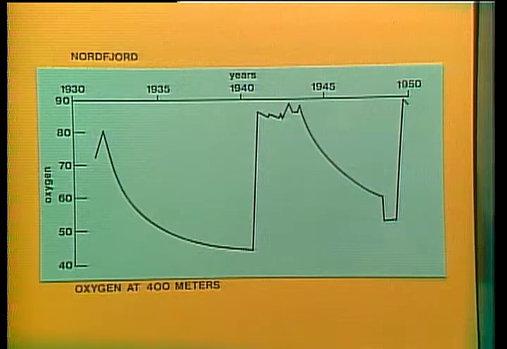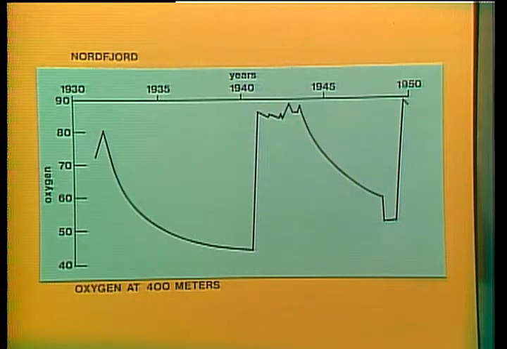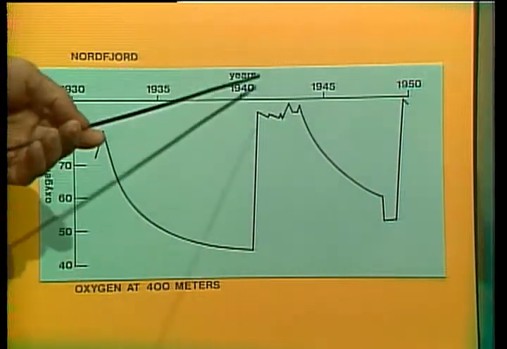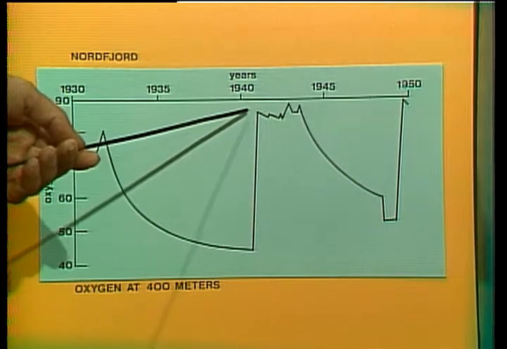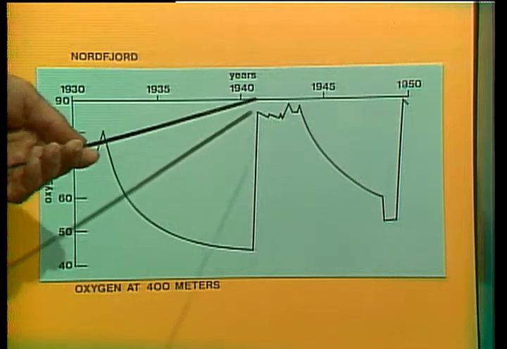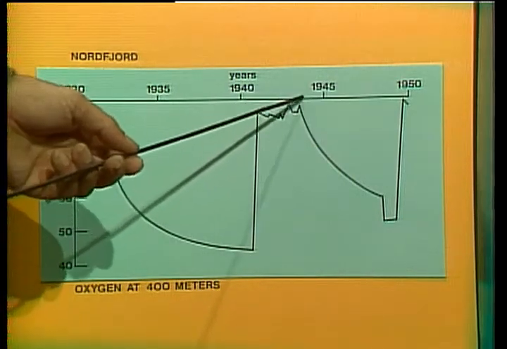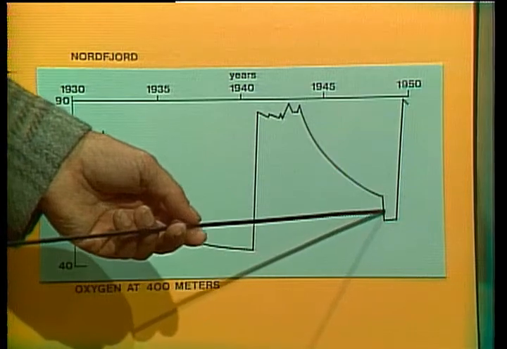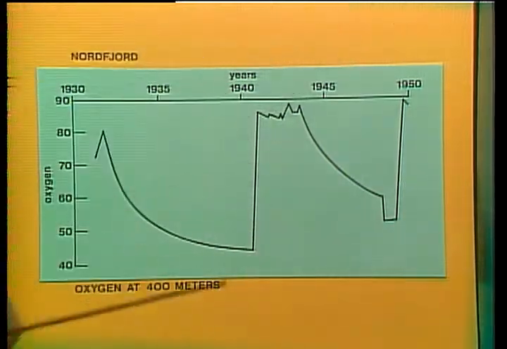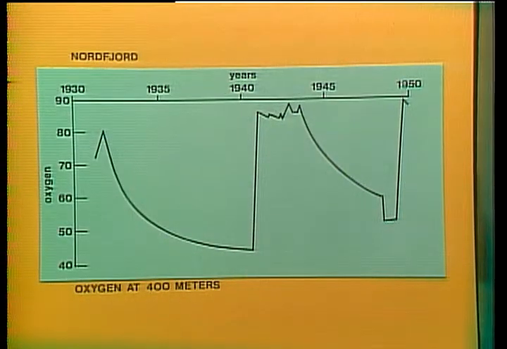Then all of a sudden, the conditions were such that there was a massive inflow of heavy water from the outside, rich in oxygen, and suddenly the oxygen shot up to almost full concentration. Then it sort of wiggled around for a while, and then it gradually dropped off again through to about 1950, and then it suddenly shot up again. And this type of thing happens in other fjords besides this particular one I have chosen.